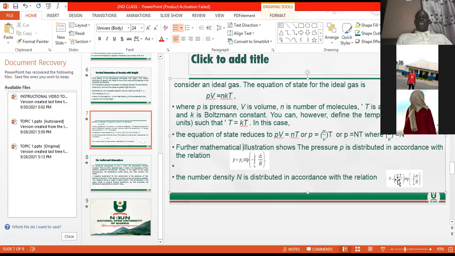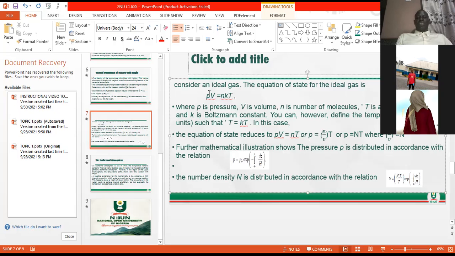Now, this one is now showing the relation we are actually talking about. Now, what they just did here was to replace this equation here with this P naught. P naught here, is that clear?